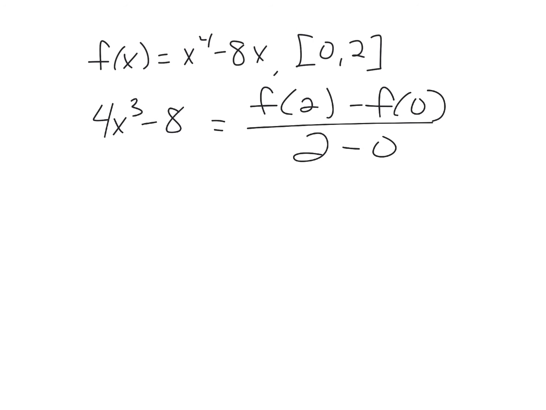So what do we get on the right side? f of 2 is equal to 0, and f of 0 is equal to 0. It doesn't usually work out that way, that's fun. 0 minus 0 is 0.